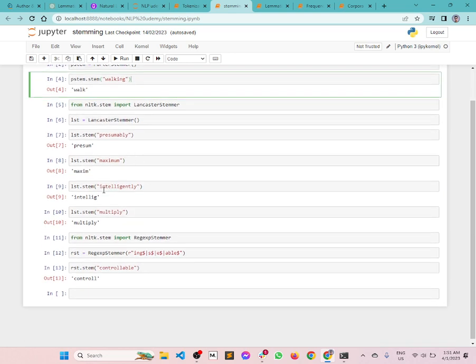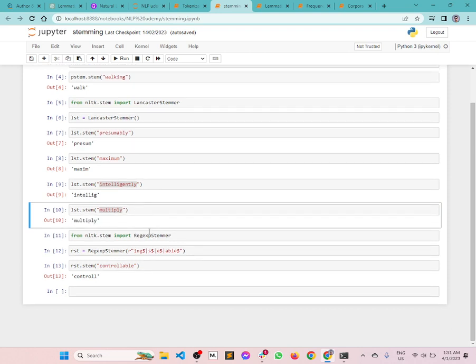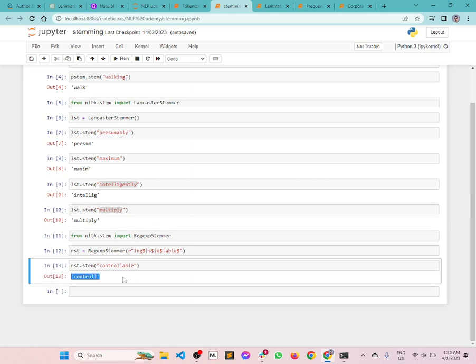It happens here intelligently: it takes intellig, and multiply takes multipli. And then if we import the regex stemmer, which uses regular expressions, then if we see this for controlled, it only takes control.